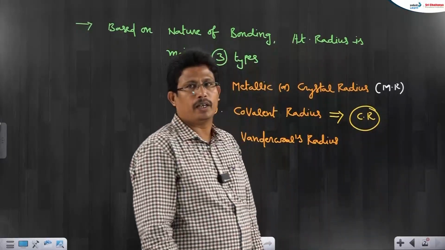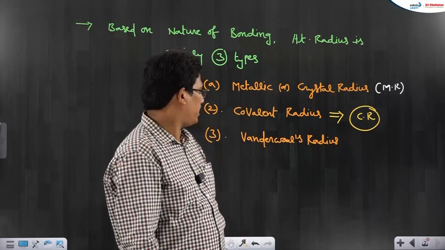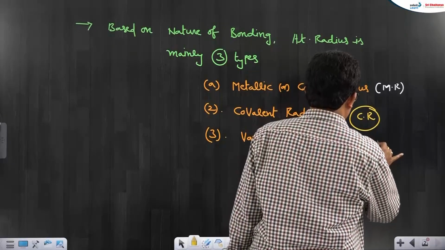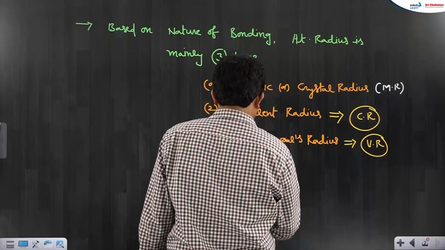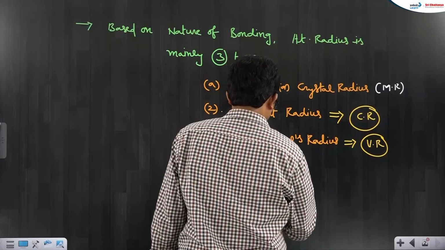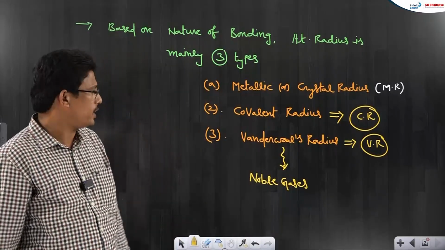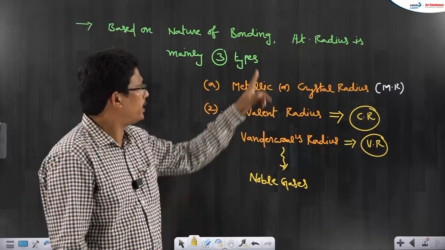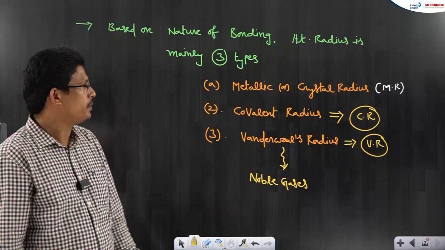In case of non-metals, atomic radius is nothing but covalent radius. Van der Waals radius is applicable for noble gases. In case of noble gases, the measured atomic radii is nothing but van der Waals radii.